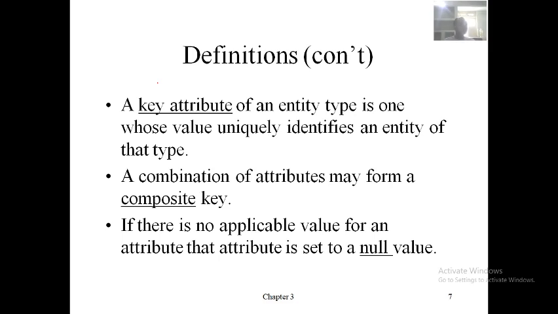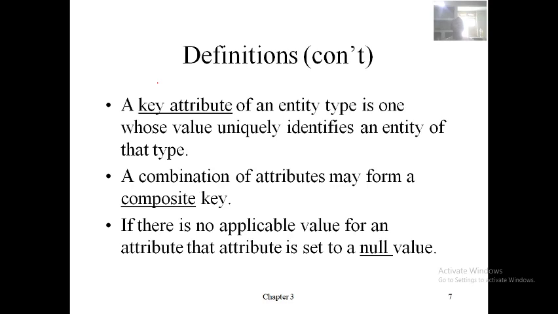Means if you have a university seat number, that university seat number is unique and not null. Because of that uniqueness, that row or that tuple, that record, is different from the other records.